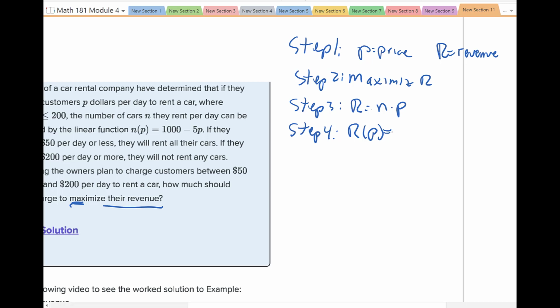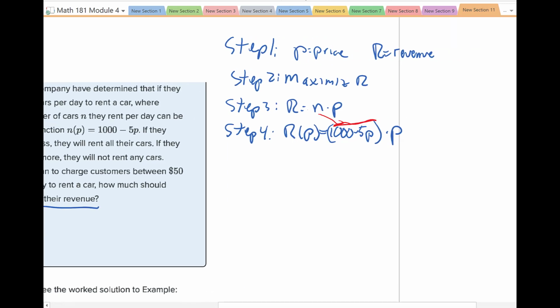N is 1000 minus 5P, and then we're going to multiply that by P. So R of P is going to be equal to, if I put this in descending order, negative 5P squared plus 1000P.